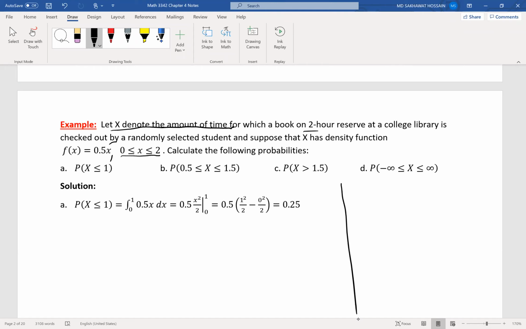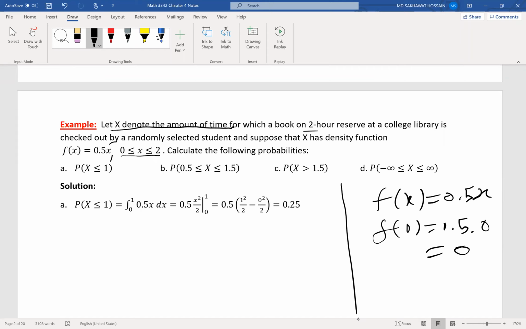whether this is always positive or not from 0 to 2. So the function is f of x equal to 0.5x. If you plug in any value of x from 0 to 2 in this function, it will always be non-negative. If you plug in 0 in this function, then it will be 0. For example, if you find f of 0, then it will be 0.5 times 0, so that means 0.